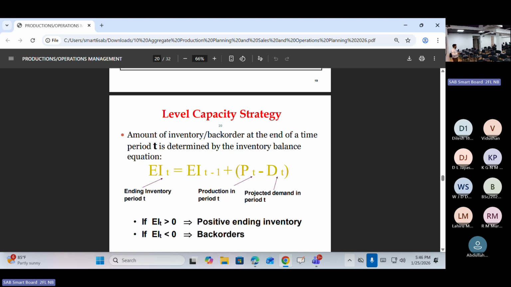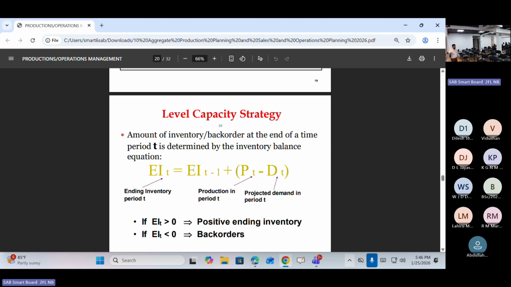Usually it could be a positive value or a negative value. Positive in the sense you have ending inventory that is greater than 0. Less than 0 means you have a minus value. That means your ending inventory is a minus value.